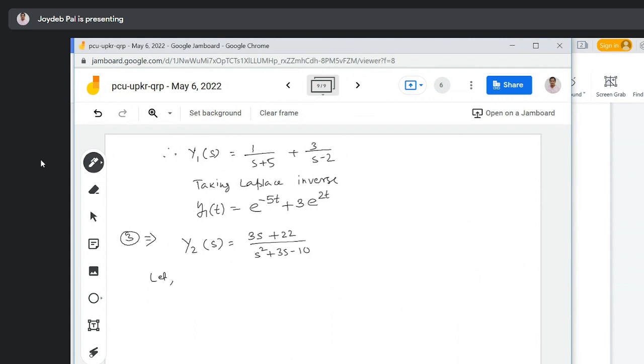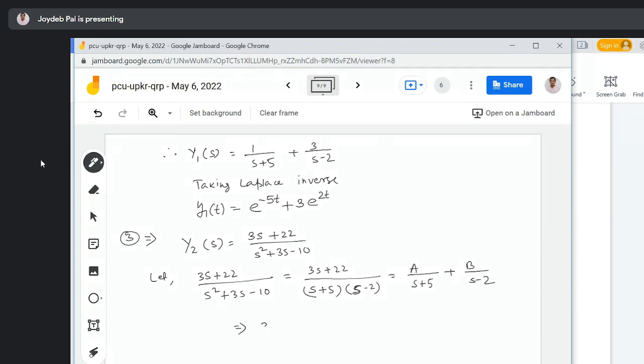Let (3s plus 22) divided by (s square plus 3s minus 10) equal (3s plus 22) divided by (s plus 5) into (s minus 2), equals a divided by (s plus 5) plus b divided by (s minus 2).